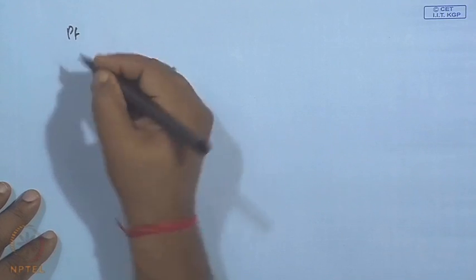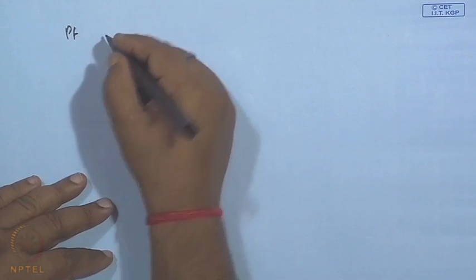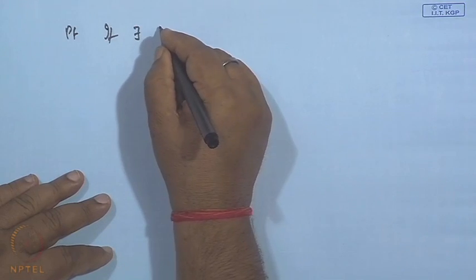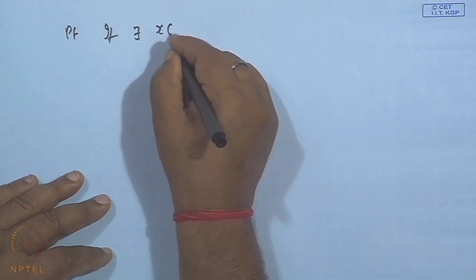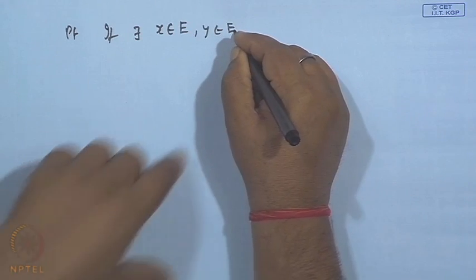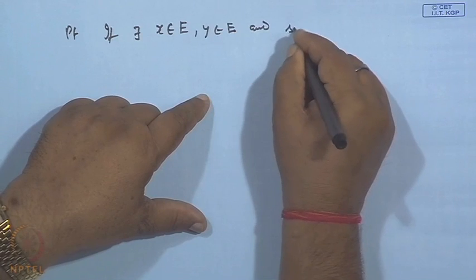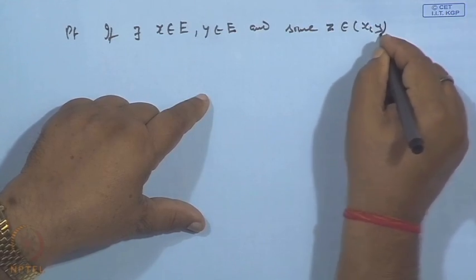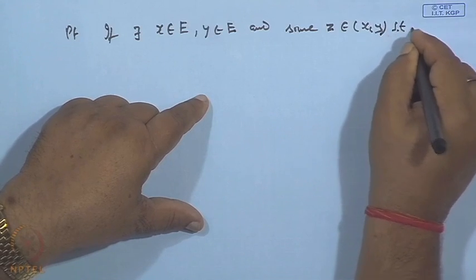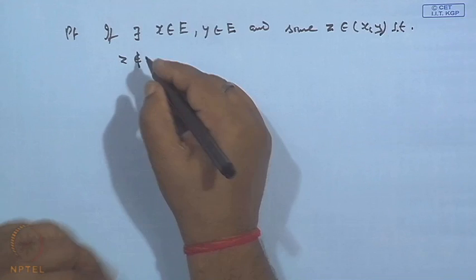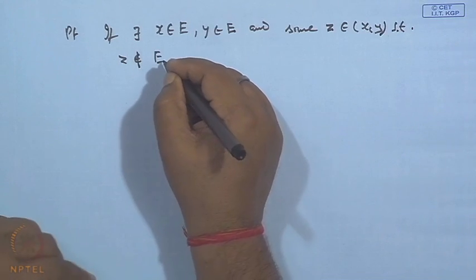The proof is very simple, so I will just give the outlines. Suppose there exist x belonging to E, y belonging to E, and some z belonging to the interval x y such that z is not in E. Then we will reach a contradiction.